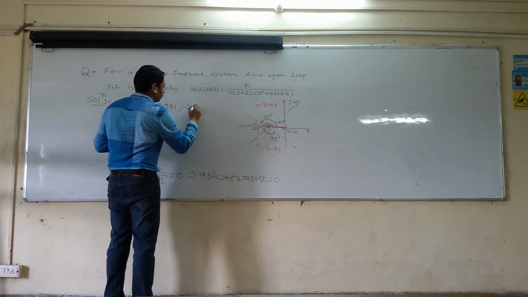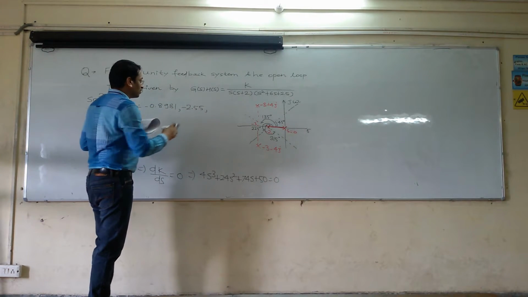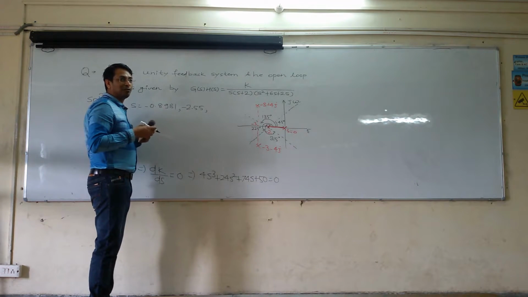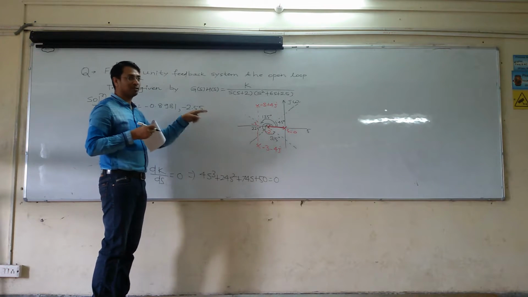Minus 2.55. So it is going to be a complex value. There might be some plus or minus, you have to see those.